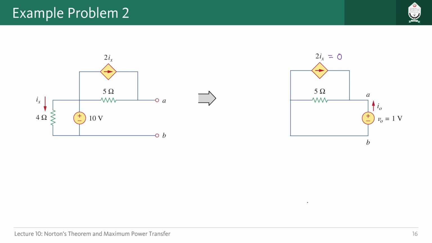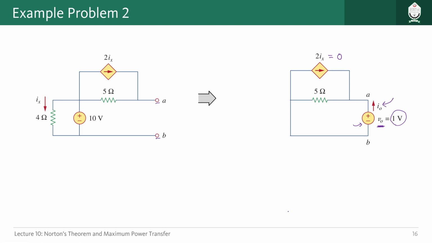If this is the situation, then we can deliberately add a voltage source across the terminals A and B, and let us call that V0, and we will give that a value of 1 volt. Okay, now we have to find out the value of current I0 because of this voltage source.